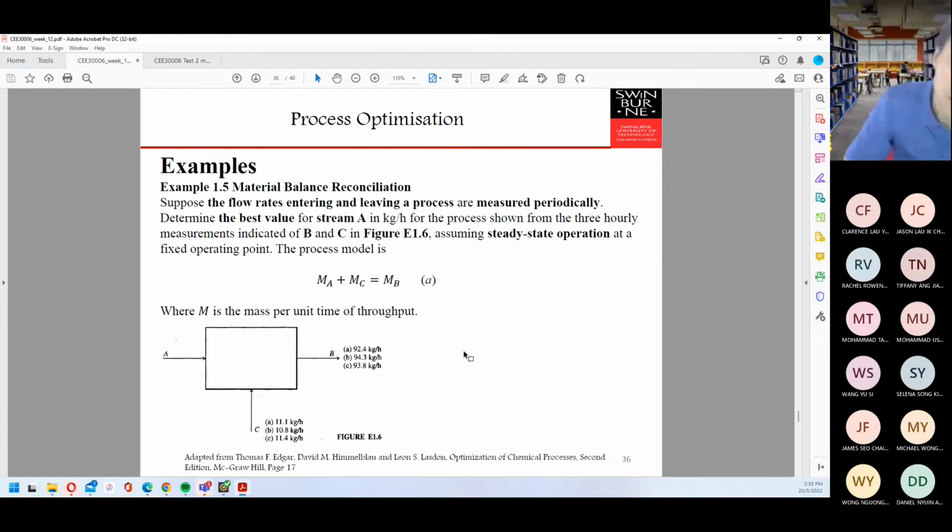The other example that we have here is the material balance reconciliation. Let's say we take different measurements. For B, we took 3 different times, and this is the mass rate. Same for C, we take at 3 different times, and this will be the mass rate.